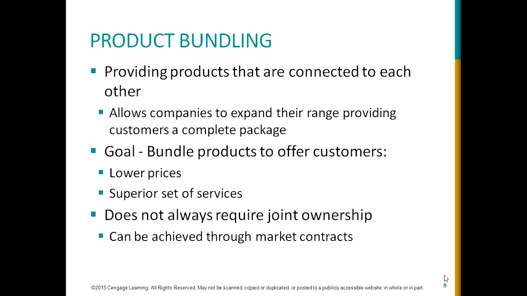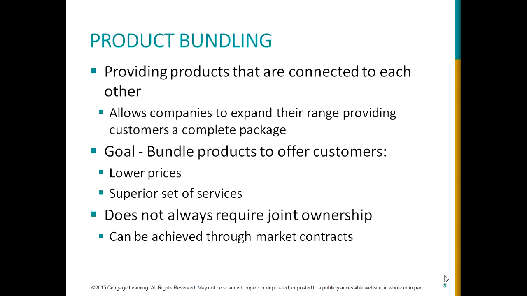In the search for new ways to differentiate products, more and more companies are entering into industries that provide customers with new products that are connected or related to their existing products. This allows a company to expand the range of products it produces in order to satisfy customer needs for a complete package of related products.